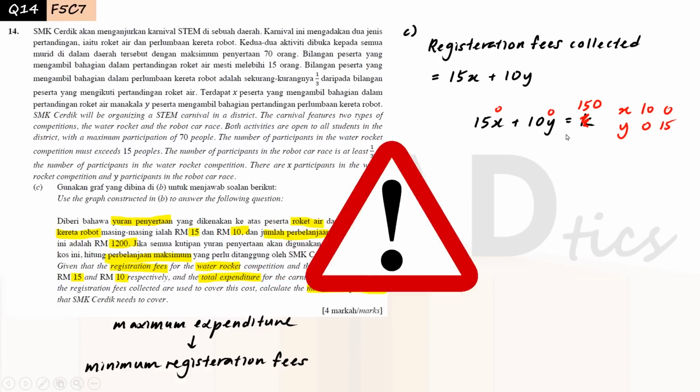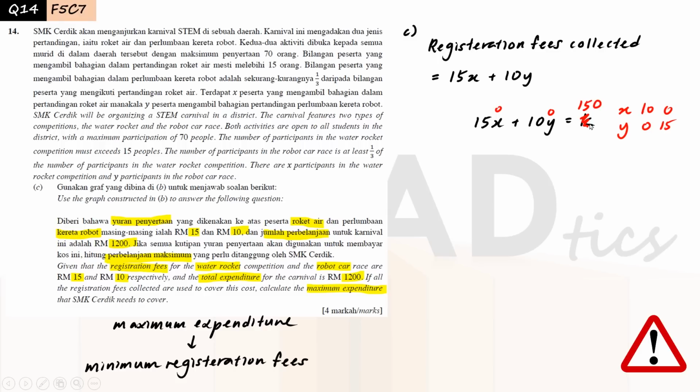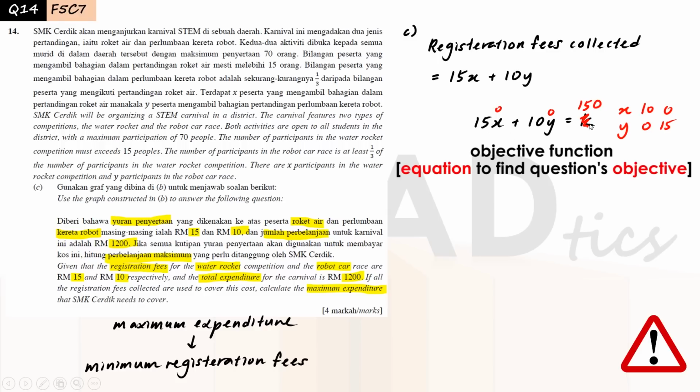Before we go to the graph, just to let you know that this is actually called the objective function. The objective function is an equation to help us achieve the question's objective. Our objective here is to find out the minimum registration fee. So now I'm going to use this objective function to find the minimum point on the graph.